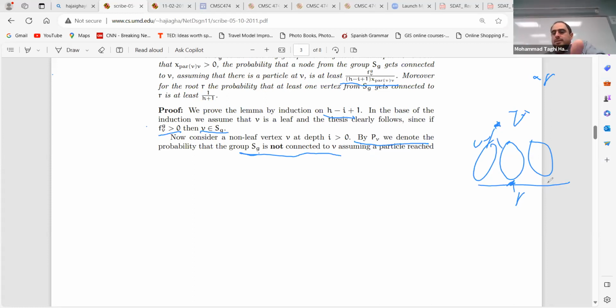Maybe this is essentially these SG guys that have some intersection. PV is the probability that is not connected. And of course, 1 minus PV would be the probability that is connected. So let's just write math, and essentially we are done with it.